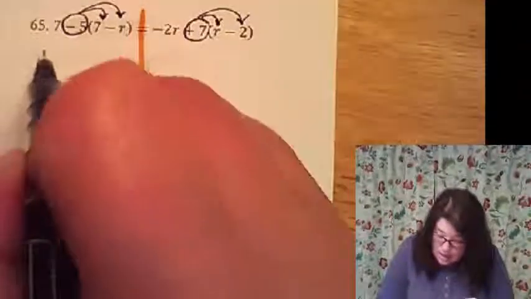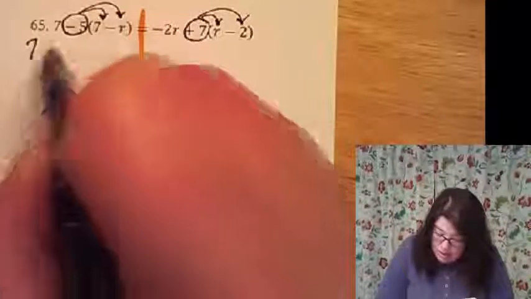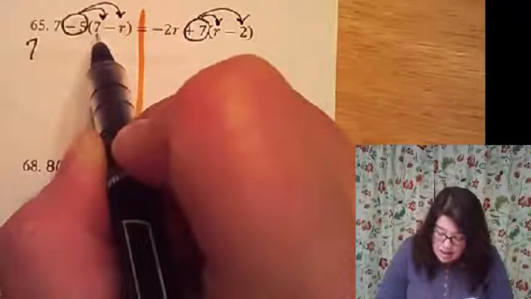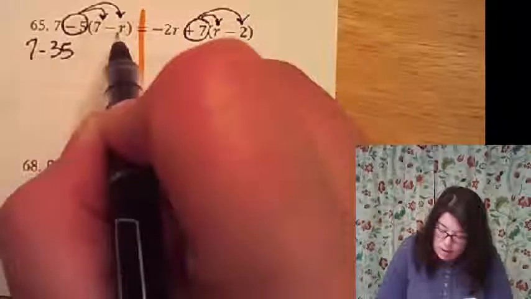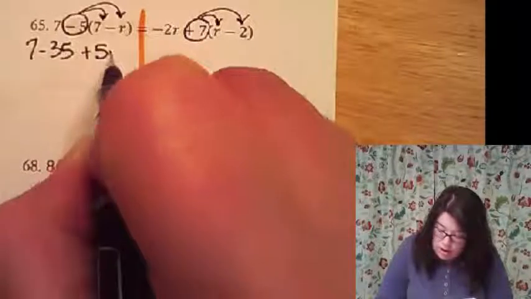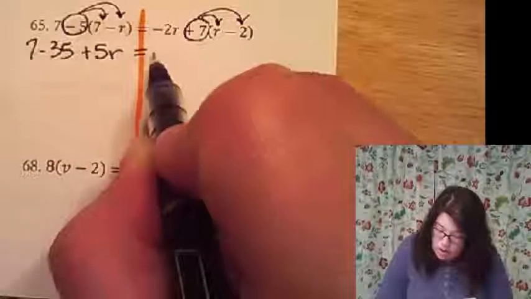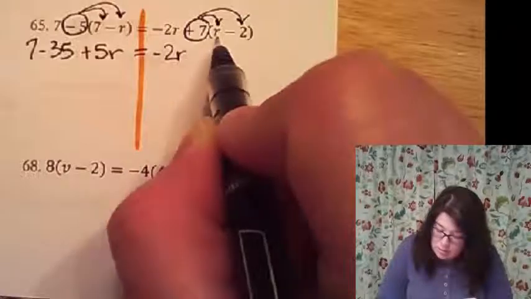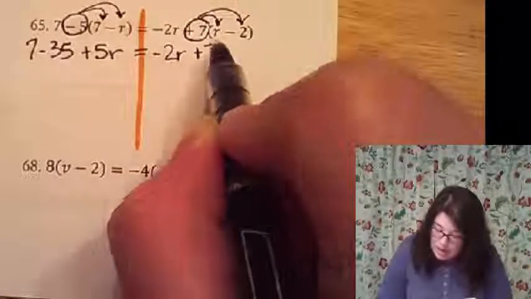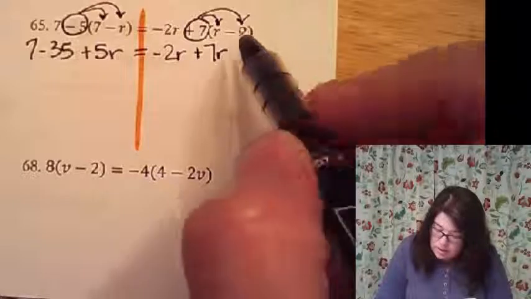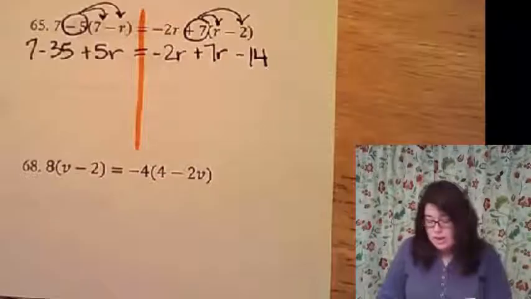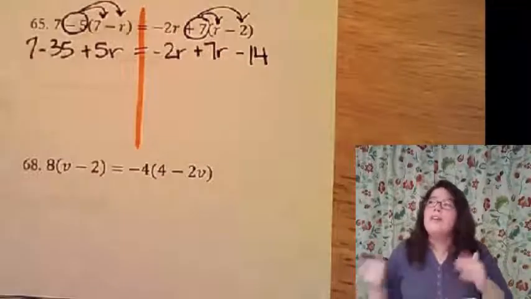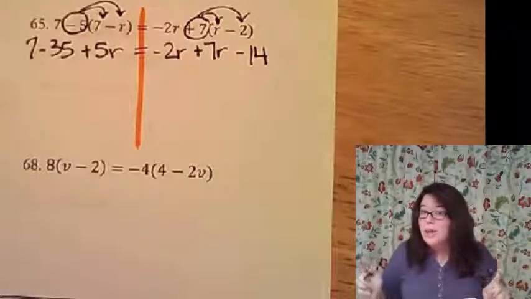So I've got 7, and then -5 times 7 is -35. -5 times -1r is positive 5r equals -2r, and then positive 7 times r gives me positive 7r, and positive 7 times negative 2 gives me negative 14. Cool.